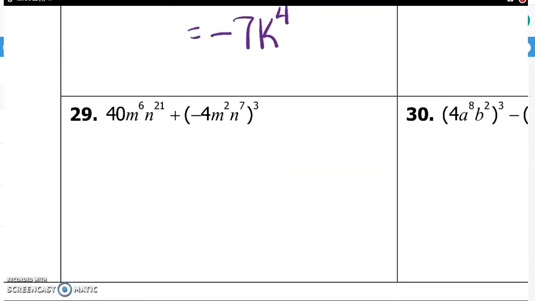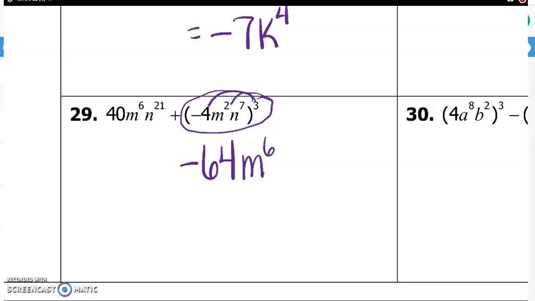Number 29 is addition. So as you can see, your exponents don't match right now. So hopefully they will match after you get this part done. So first we need to do negative 4 to the 3rd power, which gives us negative 64. Okay, negative 4 to the 3rd power is negative 64.